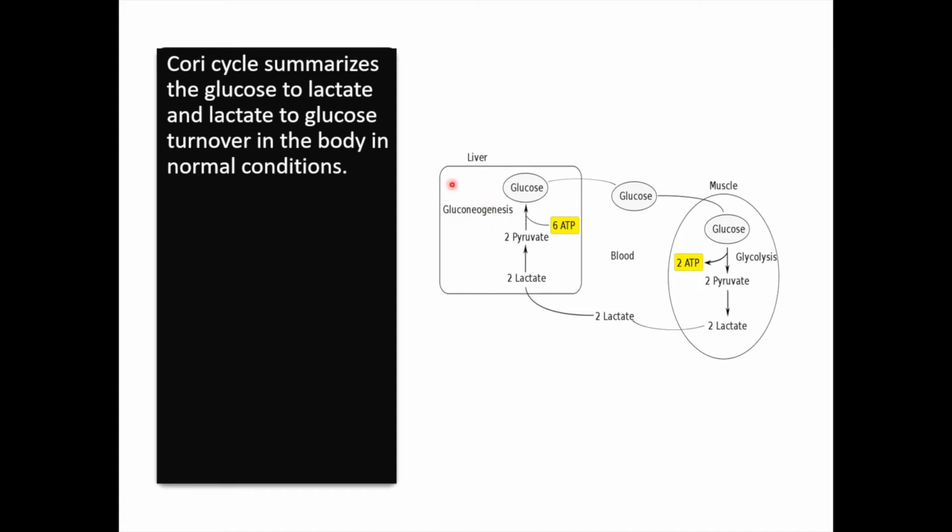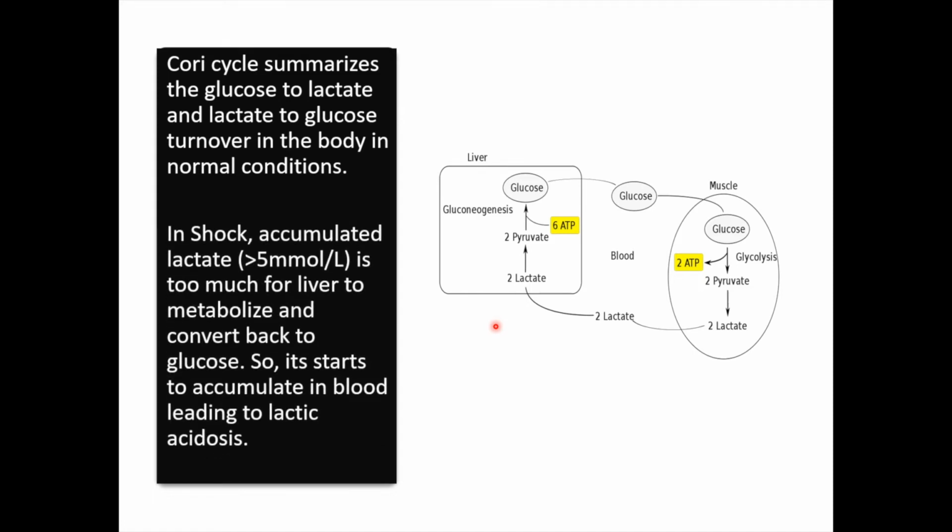The glucose formed in the liver goes back to the muscle again and undergoes the cycle all over again. This is the normal condition seen in the body whenever there is increased oxygen need of the skeletal muscles, and in order to boost the temporary ATP supply, the Cori cycle takes over.